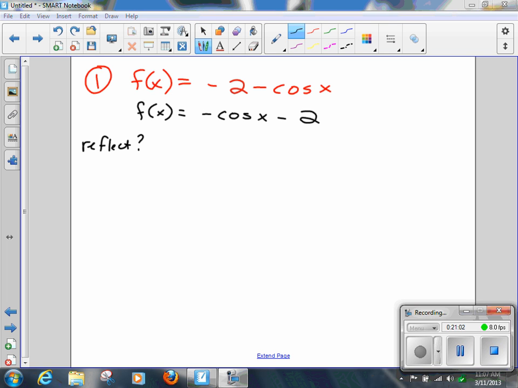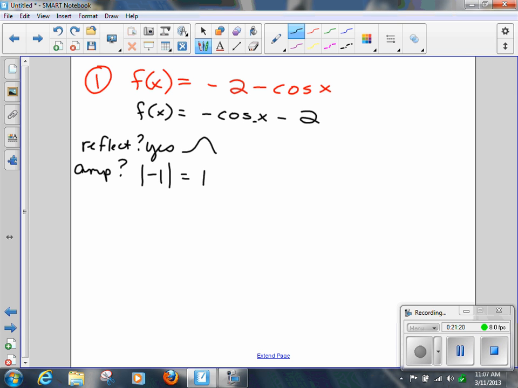Is this going to reflect, yes or no? Yes. That means it's cosine, up cup, down cup. Down cup. All right, reflect. Amplitude. What's my amplitude? Absolute value of -1 is 1 above, 1 below the oscillation line. That coefficient directly in front of the x helps me find the period.